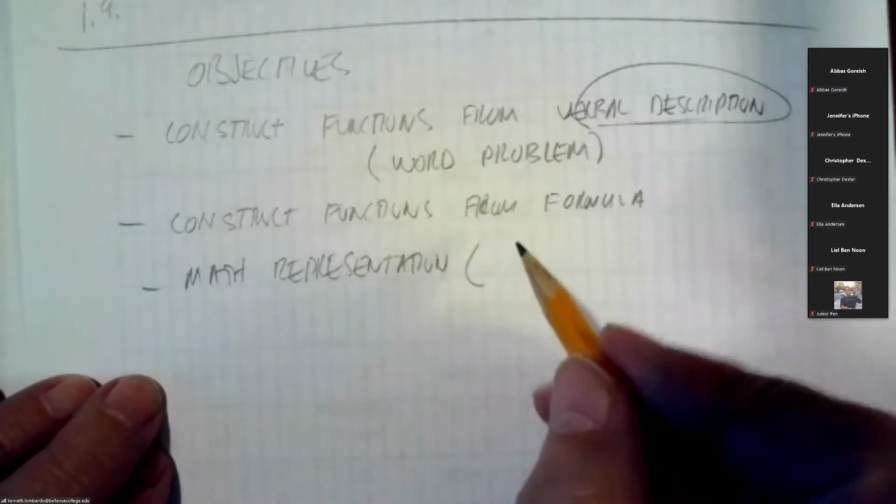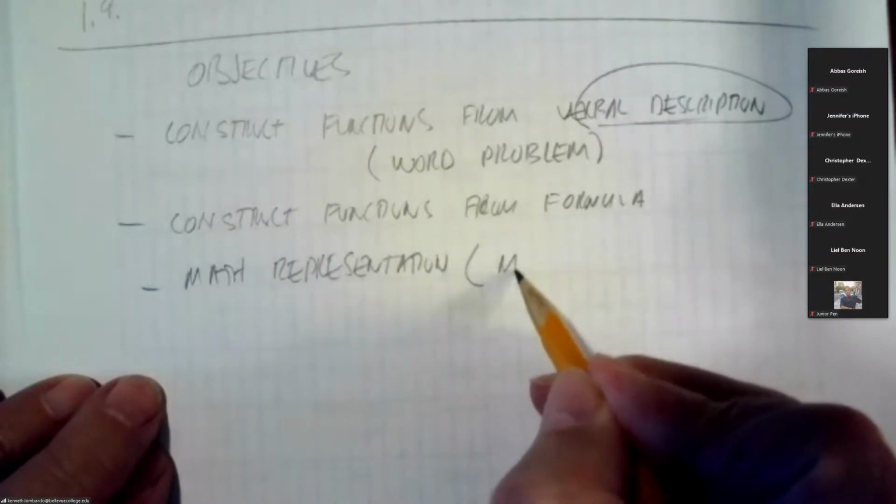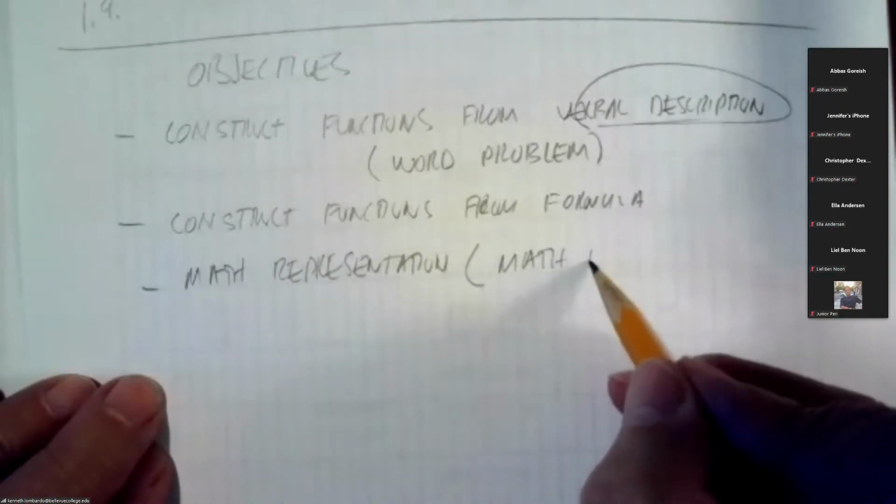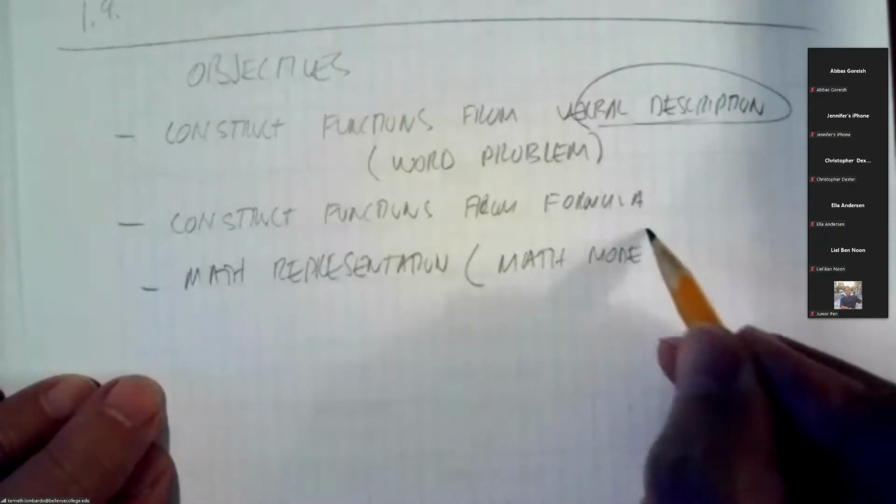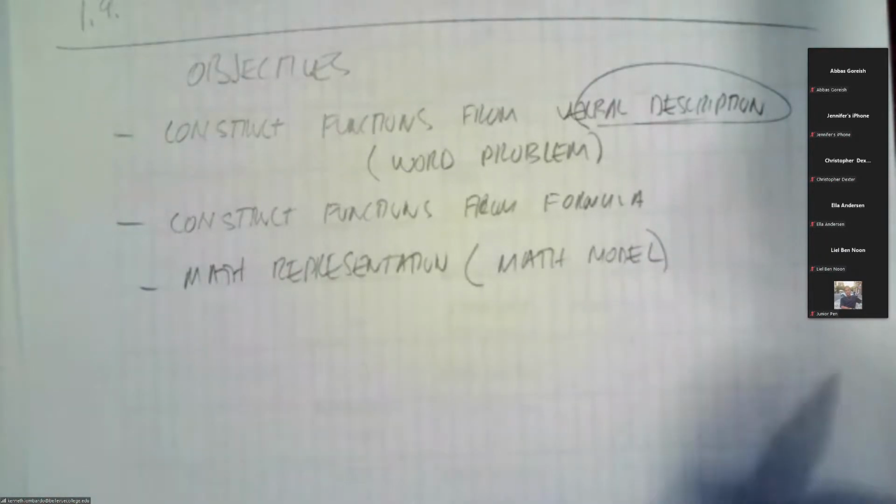We might want to call that a mathematical model. Okay, let's take a look at some examples.